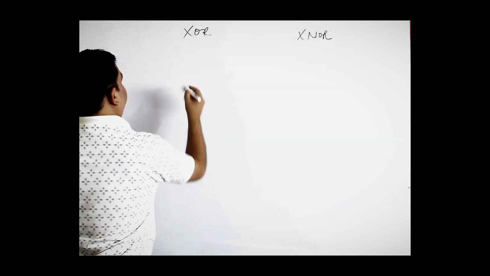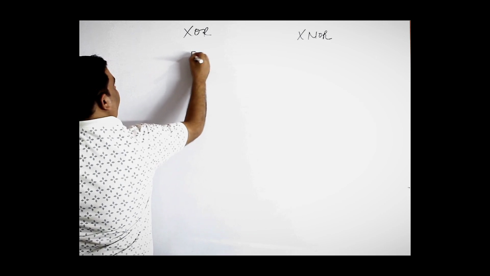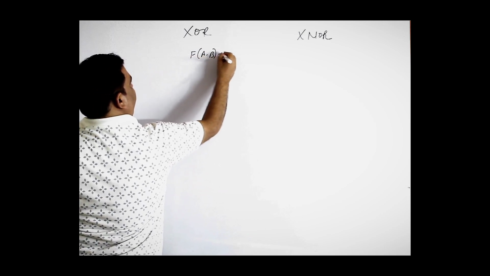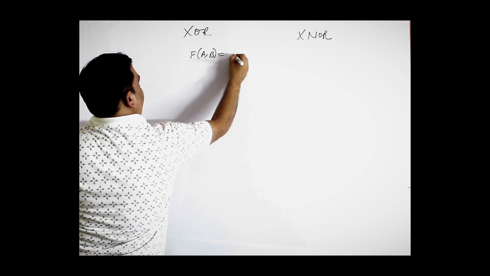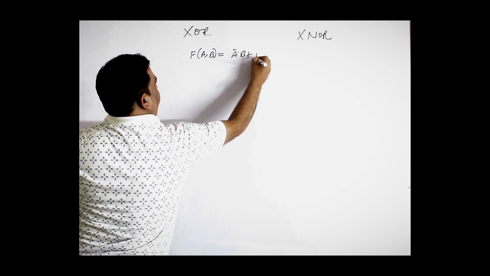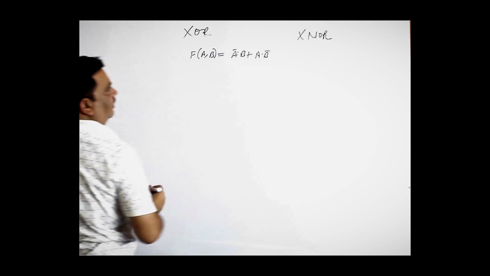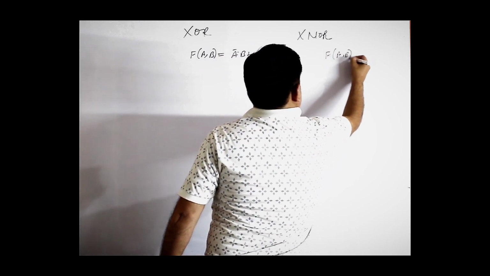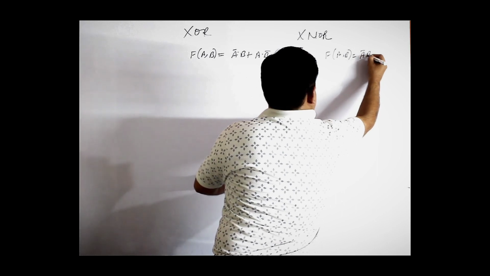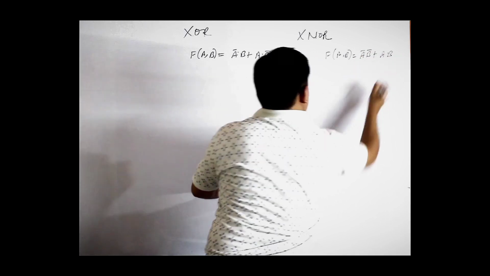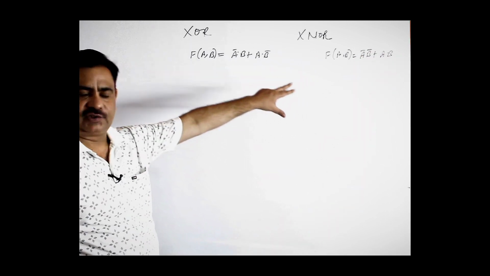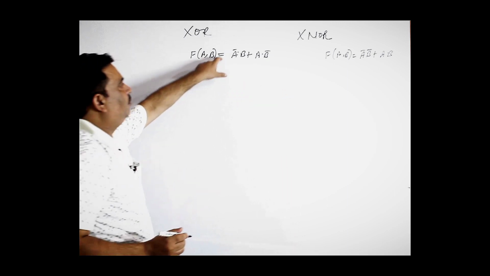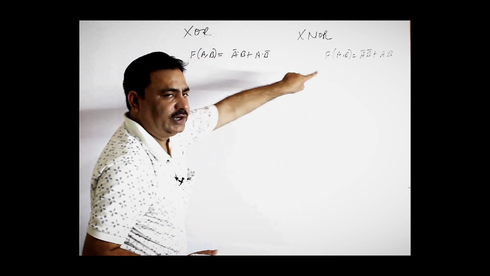Here I am writing the expression for the XOR gate for two variables: A complement dot B plus A dot B complement, and the XNOR expression was A complement dot B complement plus A dot B. These are the expressions for XOR and XNOR. Now we have to prove that the complement of this must be this one.